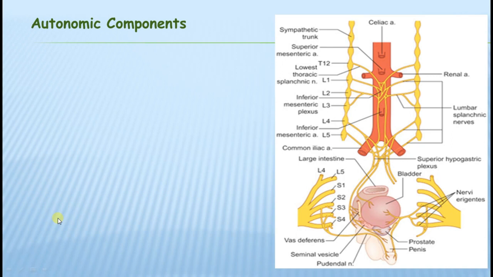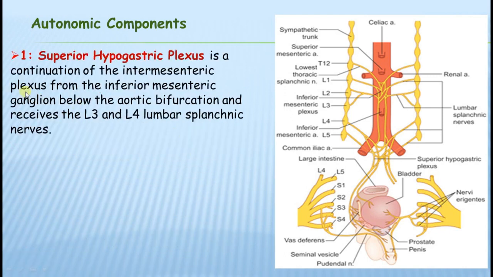I will come to the pelvic splanchnic nerves again, the autonomic component. So now coming to the autonomic components, the superior hypogastric plexus. You can see it here at the aortic bifurcation. It is mainly formed by contributions from the inferior mesenteric plexus.